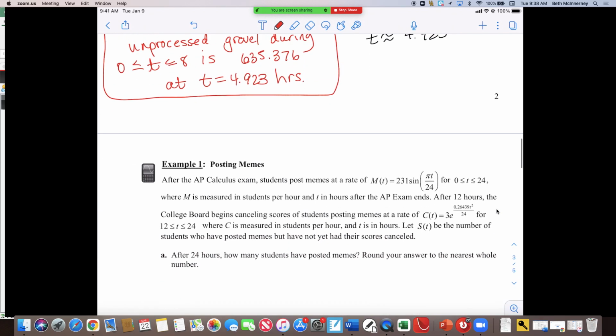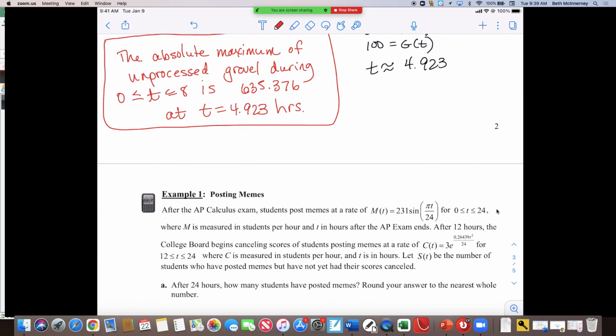This one says posting memes. After the AP Calculus exam, students post memes at a rate of m of t equals 231 sine pi t over 24 for time between 0 and 24, where m is measured in students per hour and t in hours after the AP exam ends. After 12 hours, the College Board begins canceling scores of students posting memes at a rate of c of t.